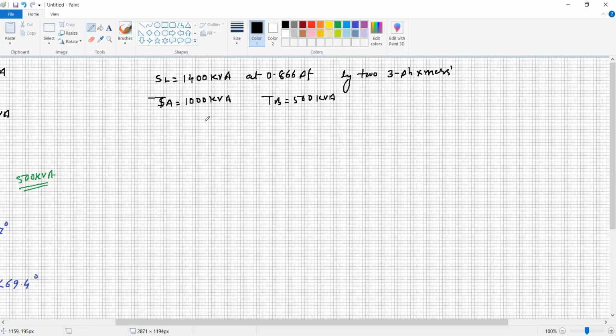The transformation ratio is the same in both, 6600/400 volt, delta connected. It means that here A1 and A2 are the same. Here the only figures are given, it doesn't matter, it is only for confusion.